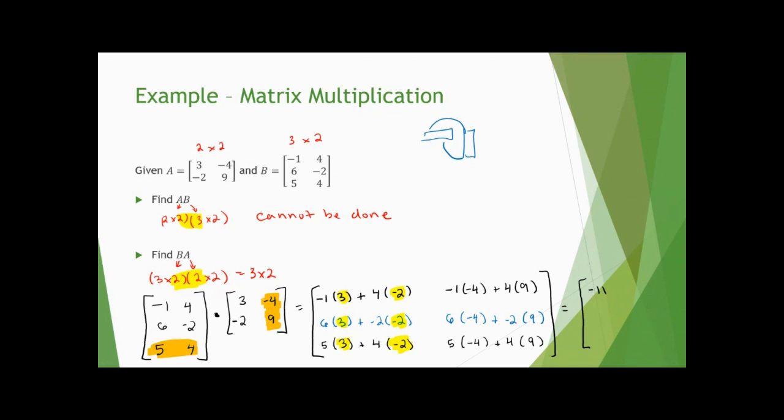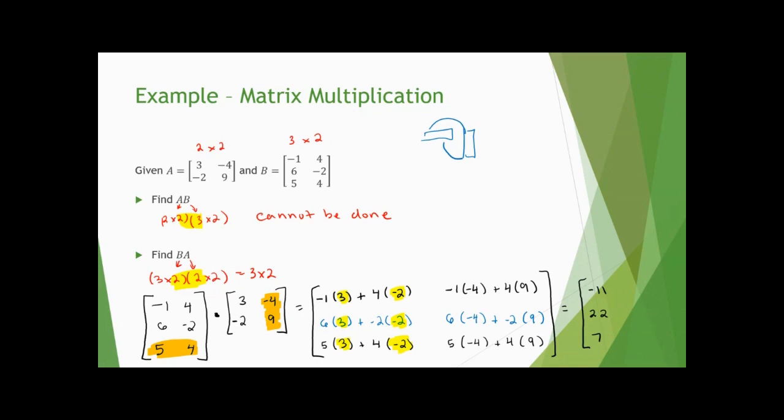I'm going to just do the first column first. For the first column, second row, I have 6 times 3 plus -2 times -2, which gives me 22. Then in the last entry in that column, I have 5 times 3 plus 4 times -2, and I get a 7.